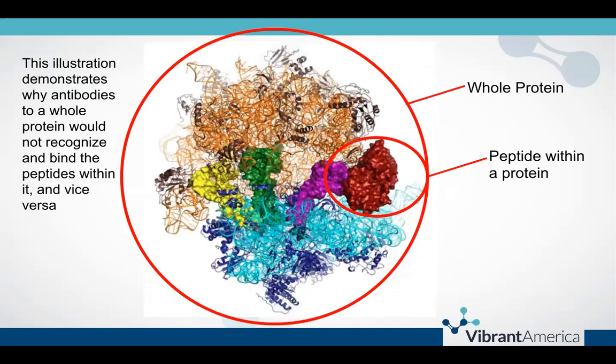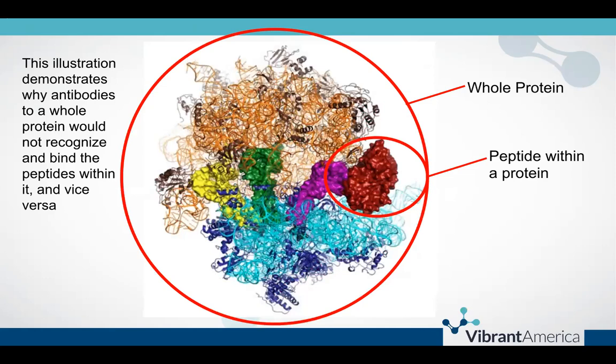So this is another way of looking at this. Let's pretend that this big globular looking protein is whole cow milk dairy protein. And perhaps this red protein here on the side, technically it's bigger than a peptide, but this whole protein here on the side is beta casein.